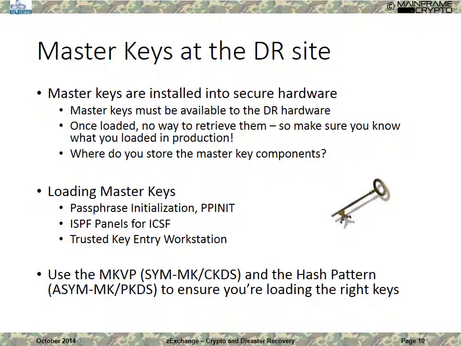We talked about writing the hash value of the master key on the outside of an envelope that contains the other key parts. So if there's any confusion at the DR site, you can dump the header records in the key stores, see what the hash patterns are, find the envelope that matches those, open up those envelopes, and you've got the key parts available.